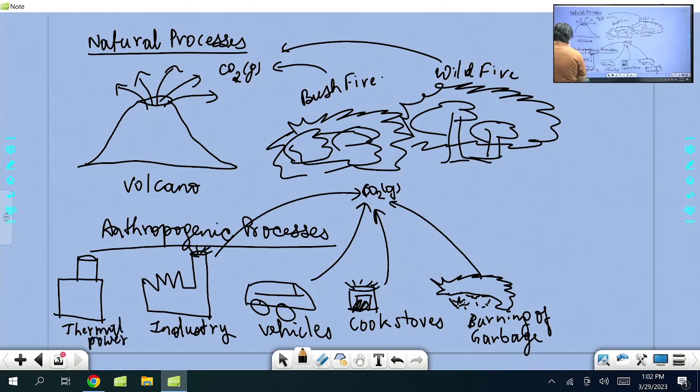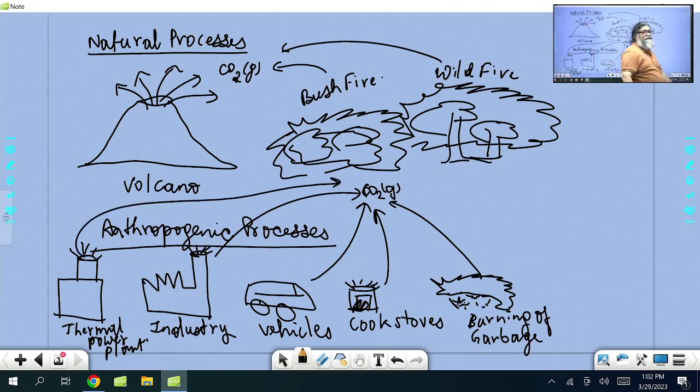Again all this smoke, carbon dioxide, goes to the atmosphere, and again this CO2 will be captured in photosynthesis. The CO2 gas in the atmosphere will be taken by green plants, phytoplanktons, algae and all this. So this is another process, burning of biomass, burning of fossil fuels.